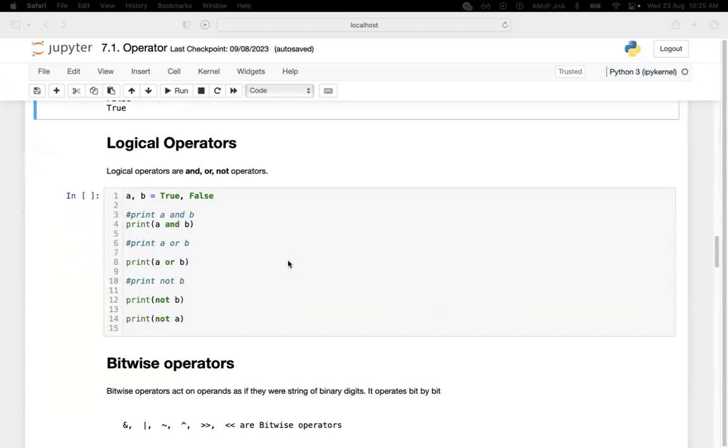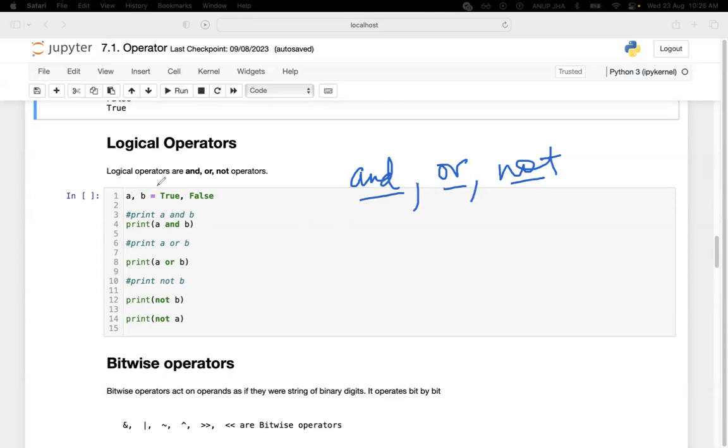Logical operators. In logical operators, three things come: AND operator, OR operator, and NOT operator. What does the AND operator do, what does the OR operator do, and what does the NOT operator do?